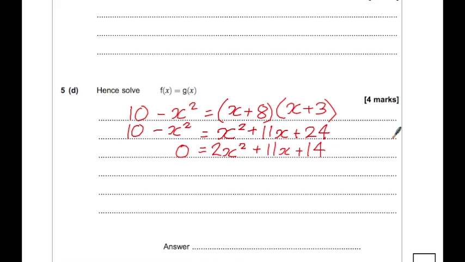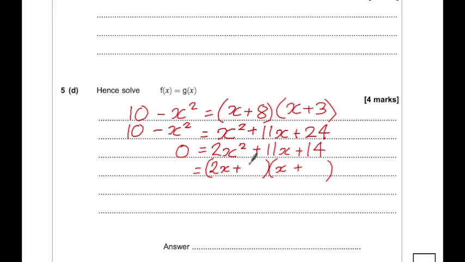Yep, so we've added x squared and taken away that. So we can't divide everything by 2, unfortunately, but hopefully this will factorise. So we've got to have a 2x and an x, and because both of these are positive, I reckon both of these will be positive. So this one's going to be times by 2x, and this one's going to be times by x, and they've got to add up to 11 in total.